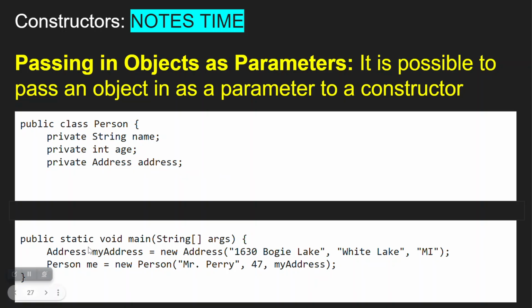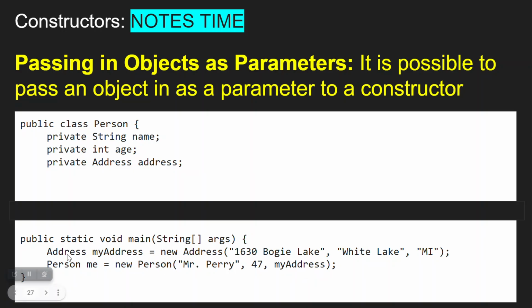And so if we were to go into main and say, okay, well, you can see right here, address, my address equals new address, and they've passed in the address for Lakeland High School. And now we're creating a person object, person me equals new person, Mr. Perry, 47, and then notice I'm passing in my address as the argument here.